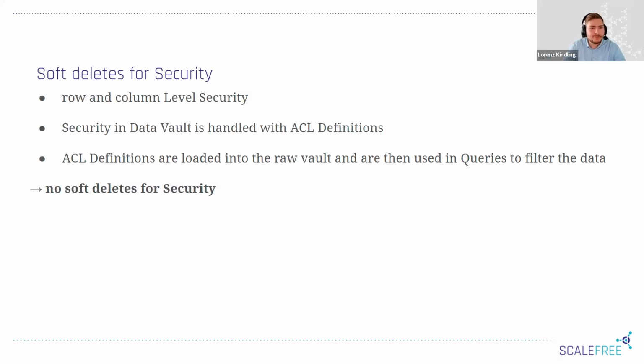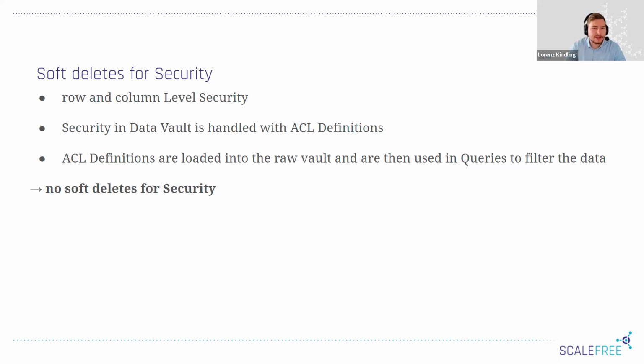What we use is row and column level security, and we do that with ACL definitions, which is essentially an access control list for users, and these access control lists then define, for example, which users are allowed to access which company, or stuff like that.